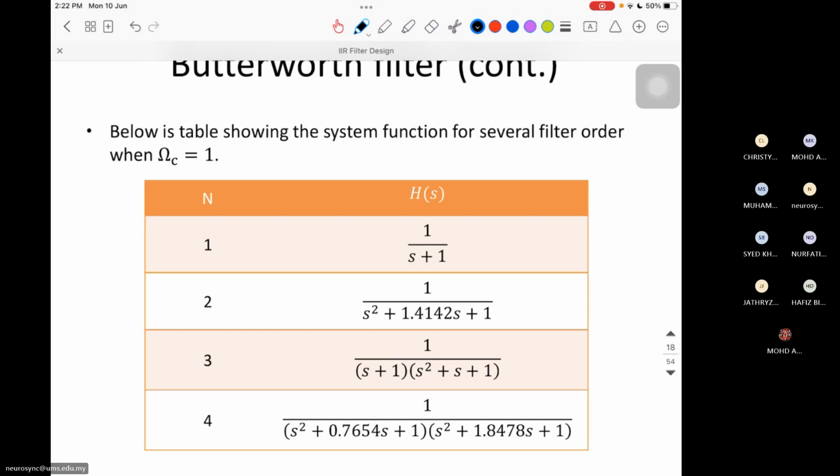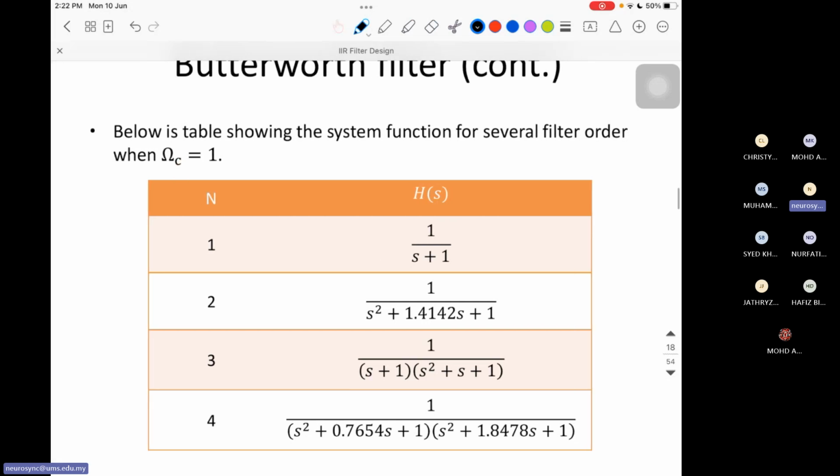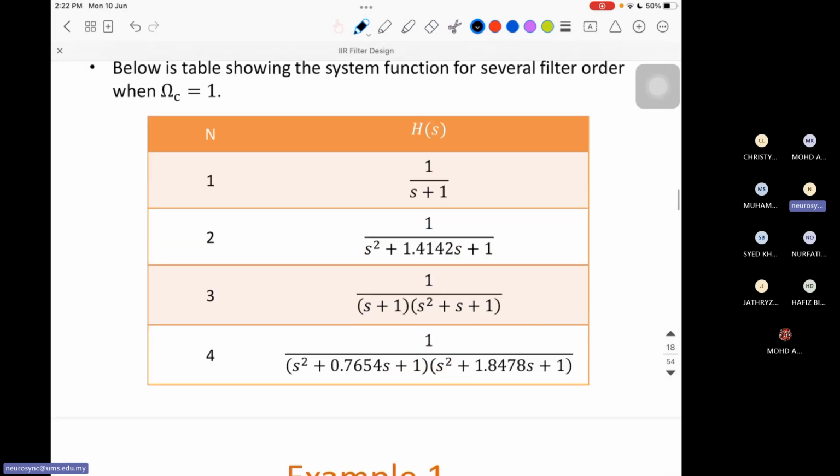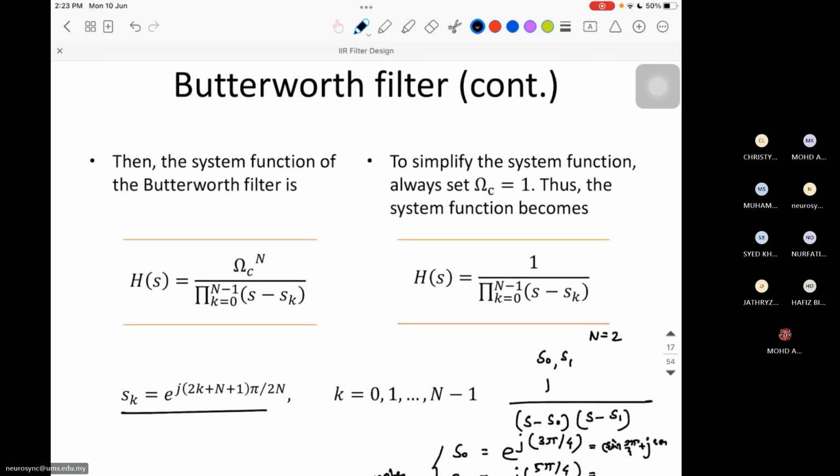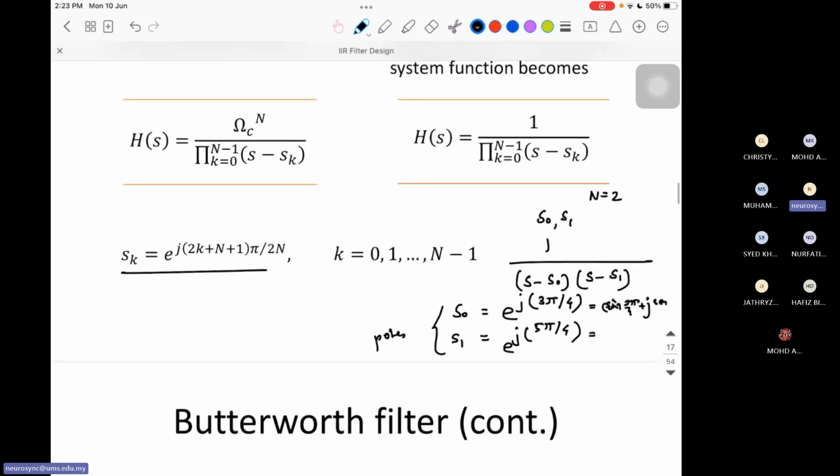Now, this table is basically showing the transfer function of the filter order when omega c is equal to 1, cutoff frequency is equal to 1. Now, if the order is equal to 1, if I put n equal to 1, so in that case, I know the standard transfer function: 1 divided by the product of this.